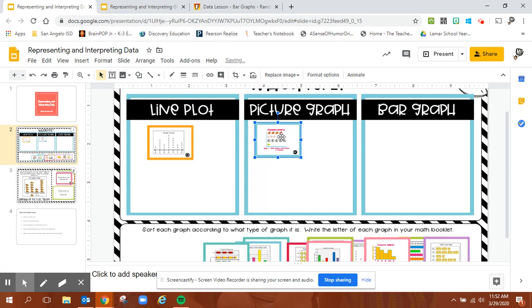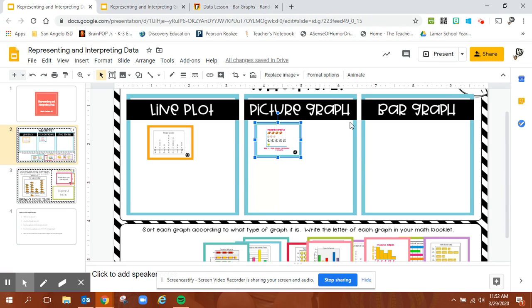This is a perfect example of a picture graph because it has footballs, baseballs, soccer balls, and tennis balls that are used to represent the data, okay? So anytime you have a picture instead of an X like you do in a line plot, that is called a picture graph, okay?